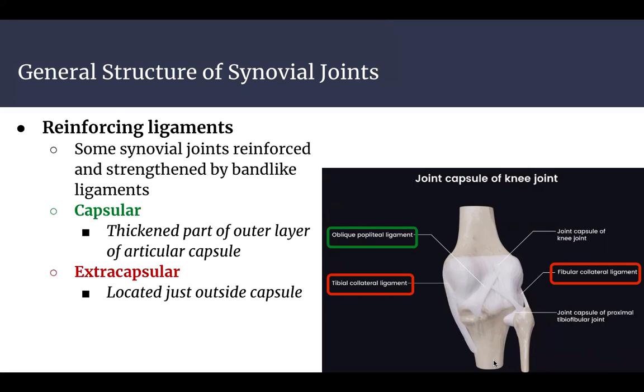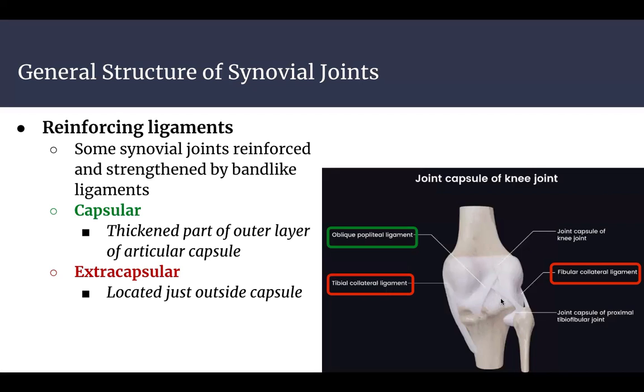So here we have the femur, and down here we have the tibia, and then the fibula is off to the side. So between the tibia and the femur, we have this thickened articular capsule.